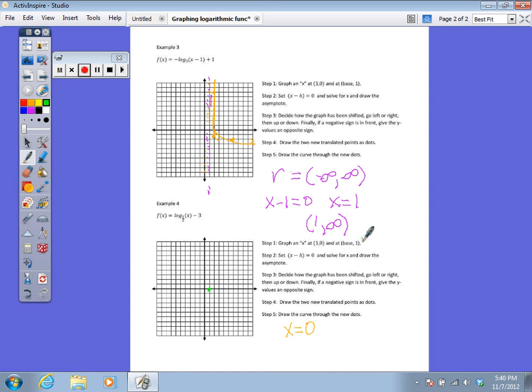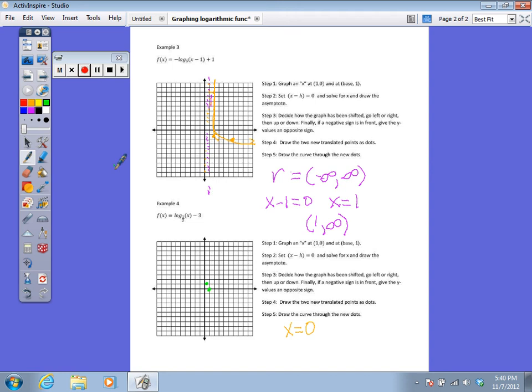The next exponent is 1. When the exponent is 1, that means the argument is the base. This base is 1/2. So I go to 1/2, which is the base, and up 1. And there we go. So as you see, we're going to have really large y values starting out, and then it's going to go down.